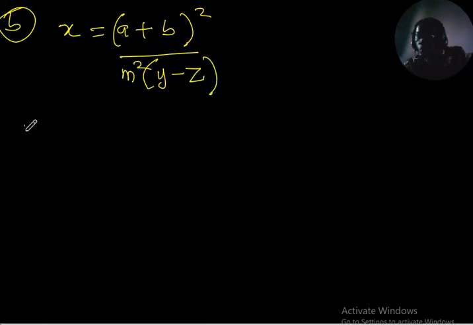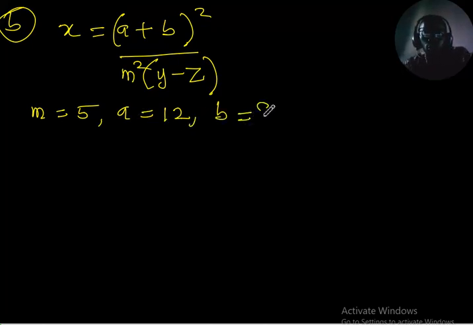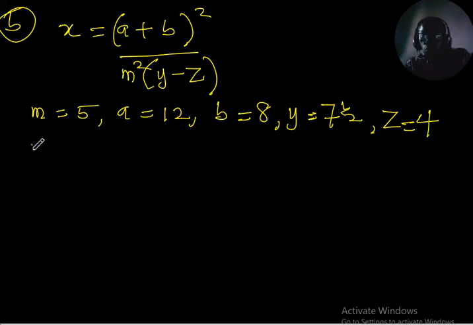So all I need now is to put in the values given in the question. m is 5, a is 12, b is 8, y is 7.5, and z equals 4. Once we have this, we put them into this equation.